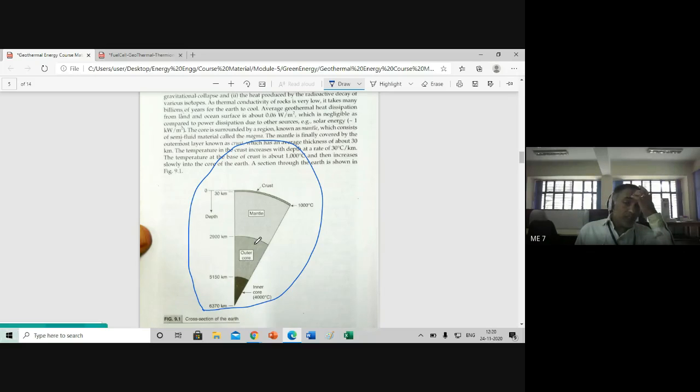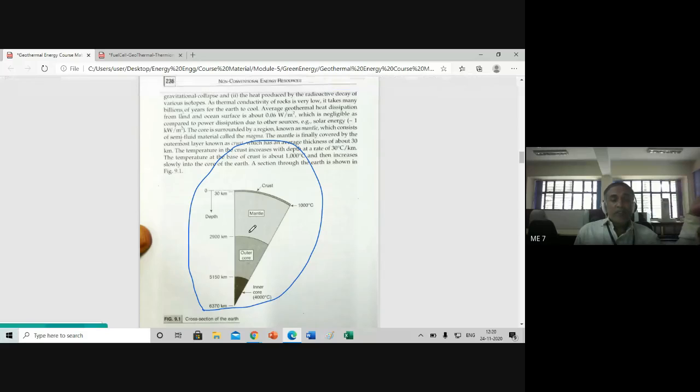This diagram is written like this, whereas in the previous screen, the cross section of the earth, using a convention they have written, that I have shown. I feel there is more clarity in that one than this one. But anyhow, you can get the information.